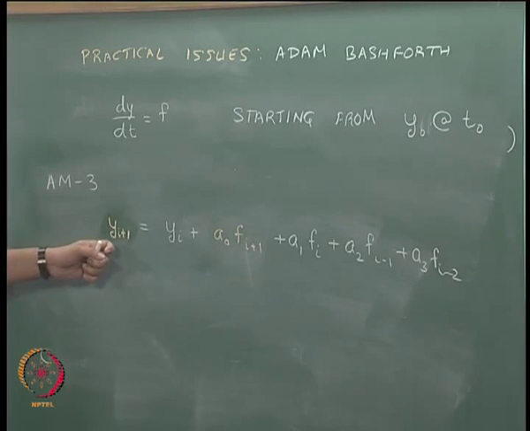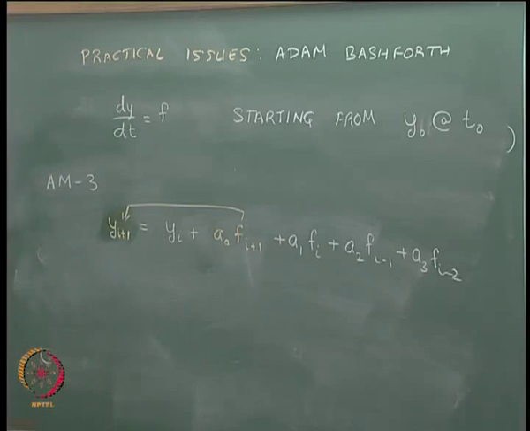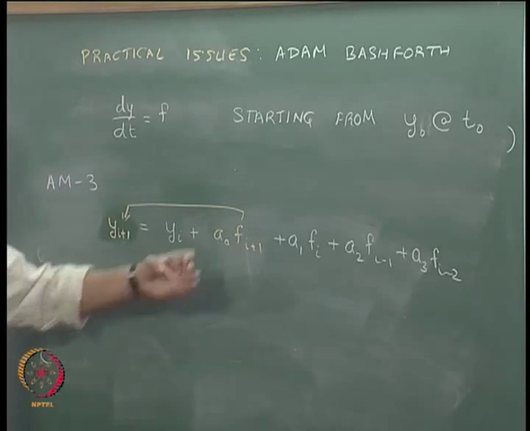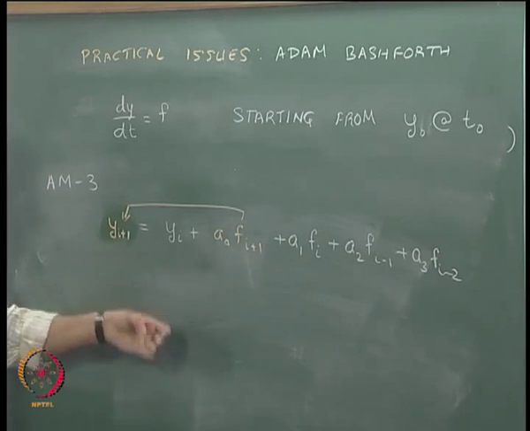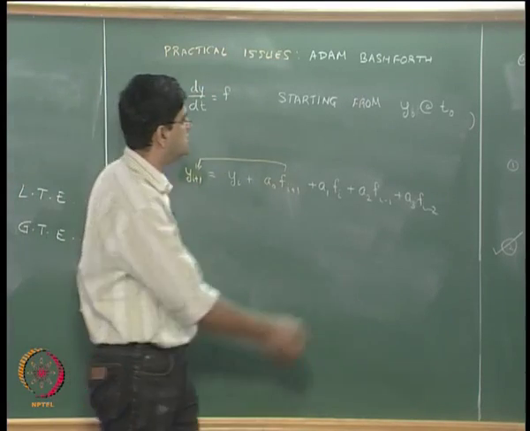Now this f i plus 1 depends on yi plus 1, making this an implicit scheme. So we have this nonlinear equation which we need to solve at each time interval in order to get the Adam-Moulton's method.